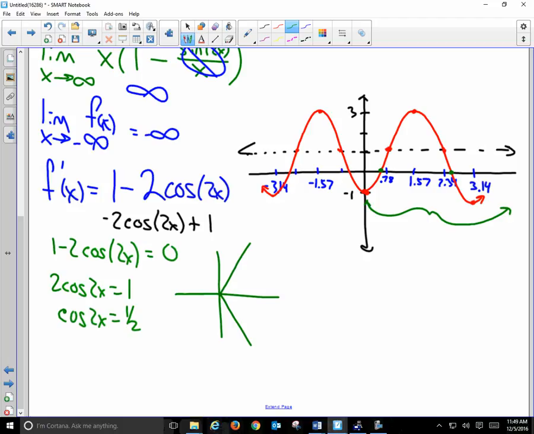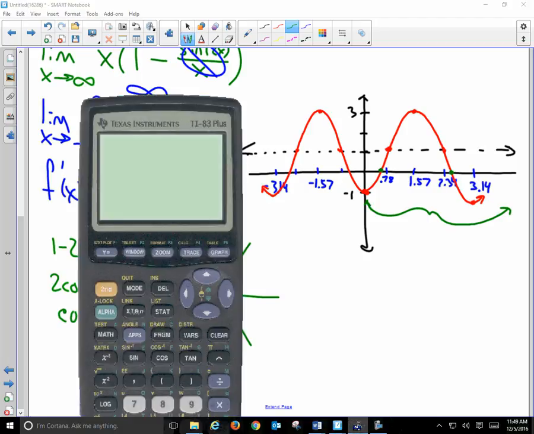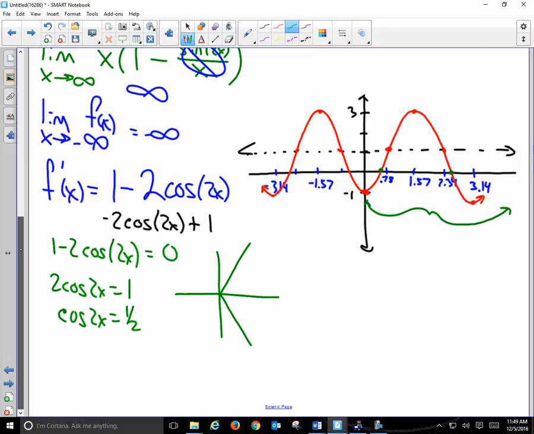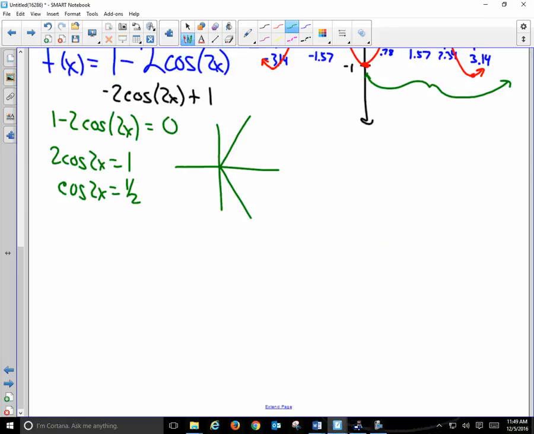Let's take out our calculator. No, you will not see one like this on the test. I just want you to see this, so let's cosine inverse 0.5, and I get 1.05. So 2x is equal to 1.05.